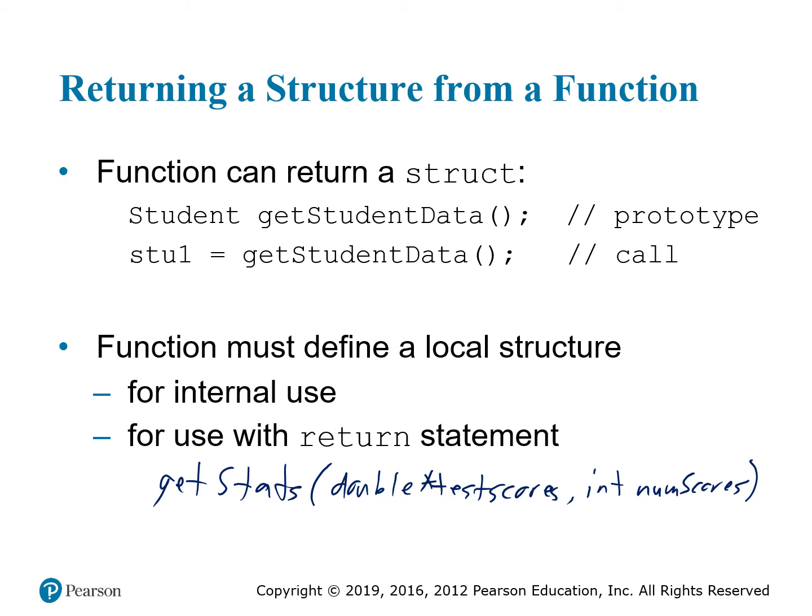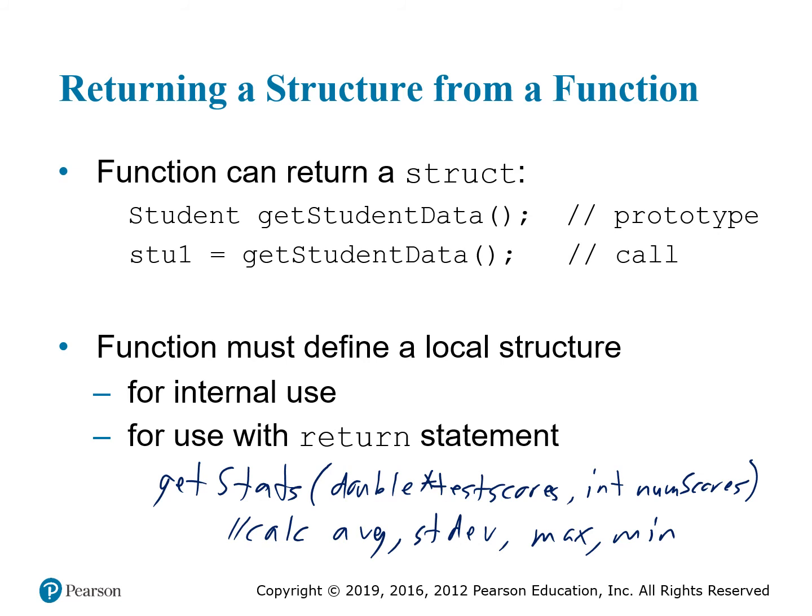I want to calculate the average, standard deviation, max, min. Maybe I have some other statistics that I really want to know about this. I can't return all 4 of those values, right?